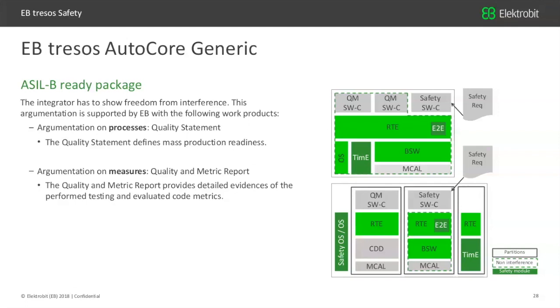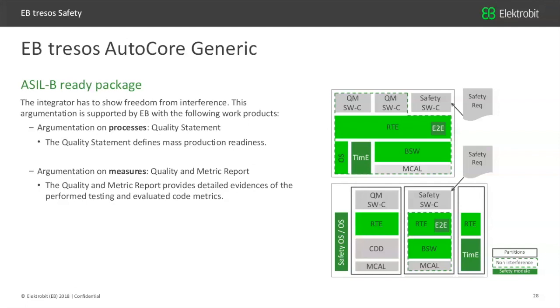There's an application guideline on how to use the standard AUTOSAR products from Elektrobit, how to configure them, what needs to be reviewed if you use them in a safety environment. And you get some evidence documentation for the quality which is provided with the standard product for the whole basic software.